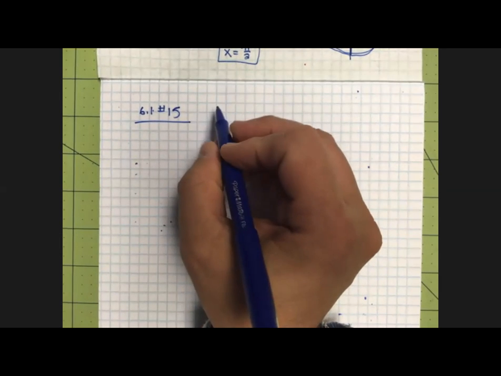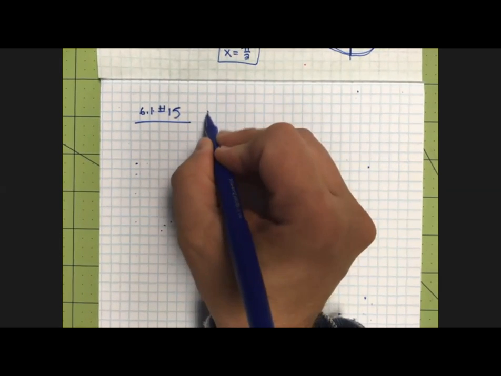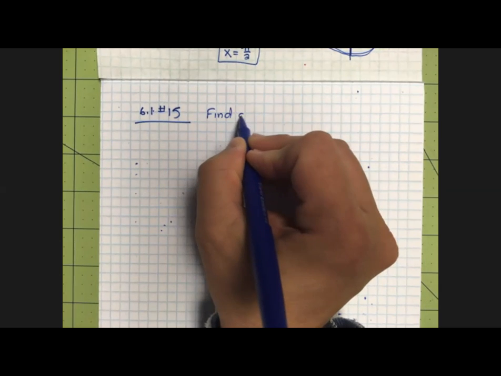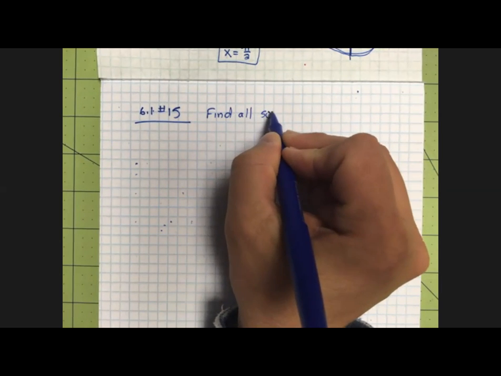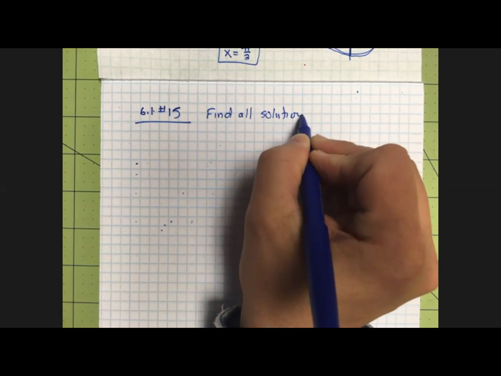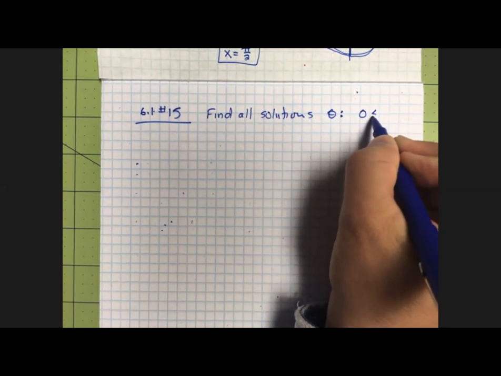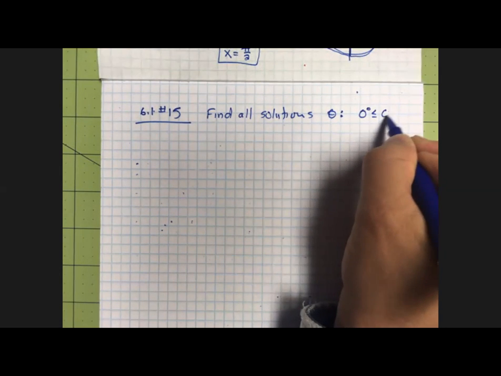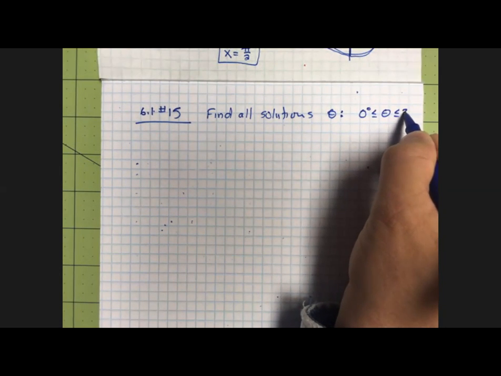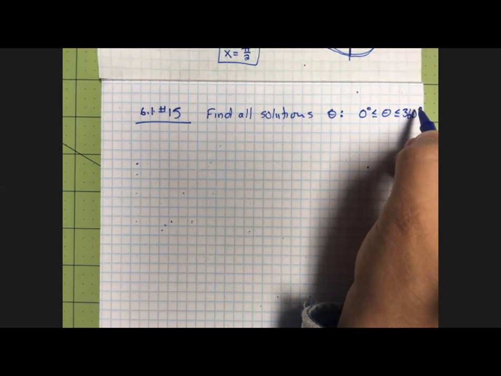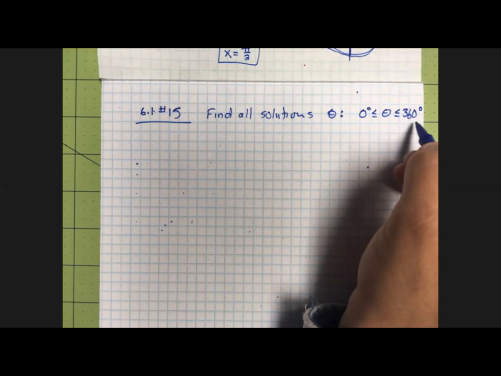Find all solutions, theta, 0 degrees less than theta less than or equal to 360 degrees. And then he even says, if that includes 0 and 360, go ahead and add them.